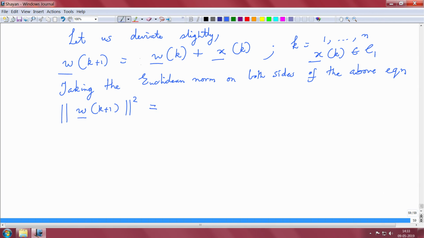So, this is going to be norm of the square. So, let us expand this out, right. This is going to be norm of W k square plus norm x k square plus 2 times W transpose k times x k.